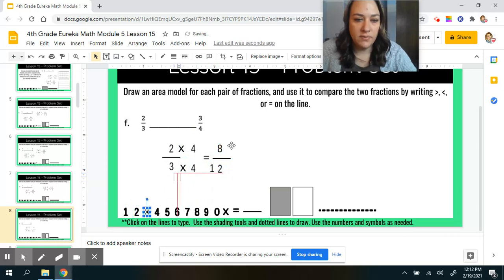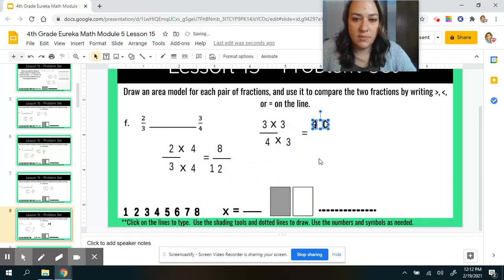And then we need to convert our 3/4 to 12. So 3/4, we're going to multiply numerator and denominator by 3. Which is going to give us 9. Whoops. 9/12.